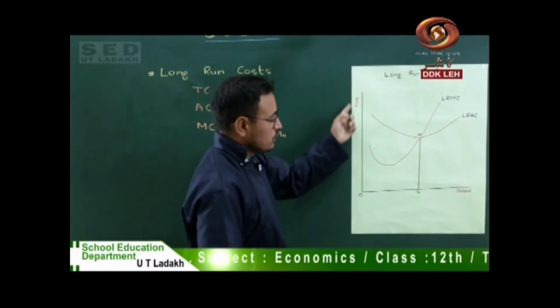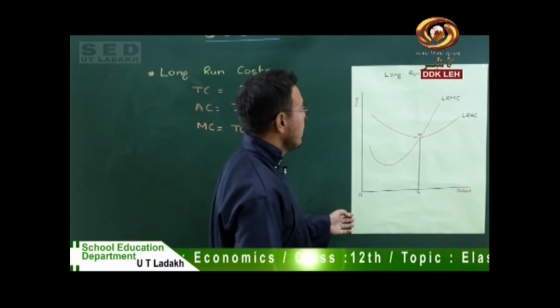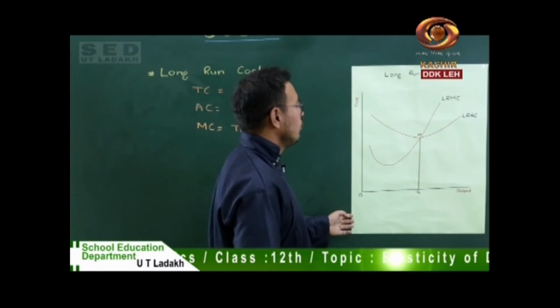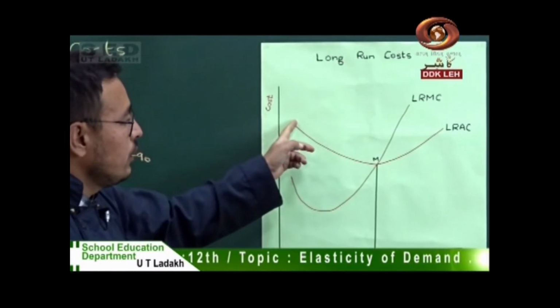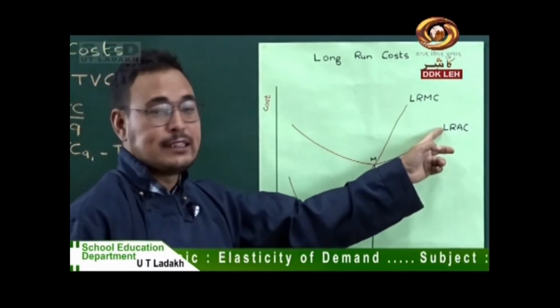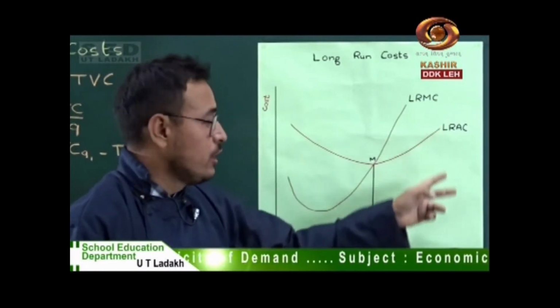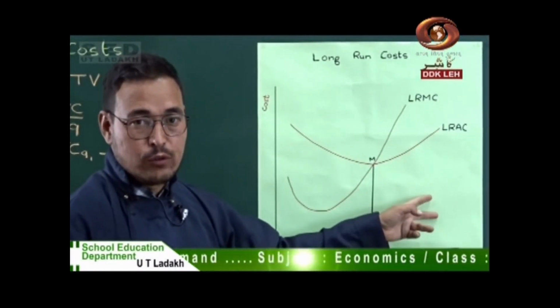Now I'm coming to this curve which represents the shapes of your long run cost. Here you have only one component, long run average cost, since there is no variable cost or fixed cost.